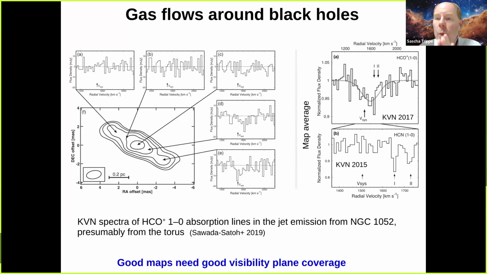Once we have those absorption lines, we can place constraints on the kinematics, of course, Doppler shift and broadening. We can also place constraints on how abundant certain molecules are in the interstellar gas, which is accreted toward the black hole. This is something that has been done essentially only once properly, which is this observation shown here.